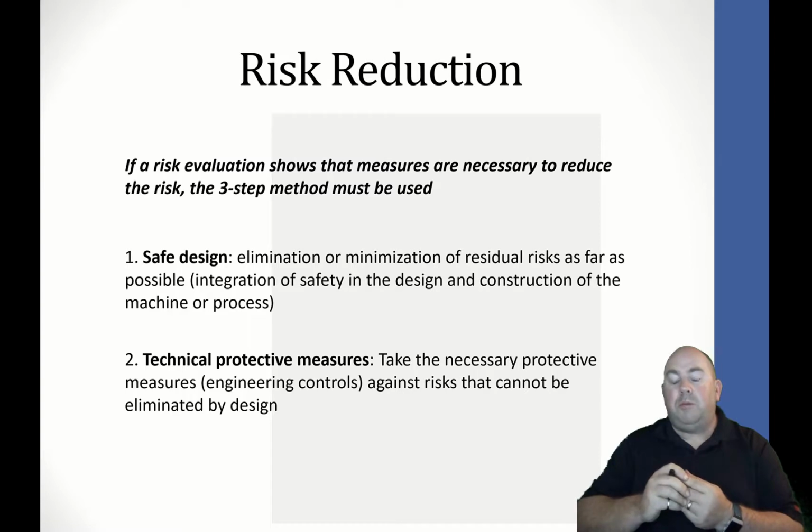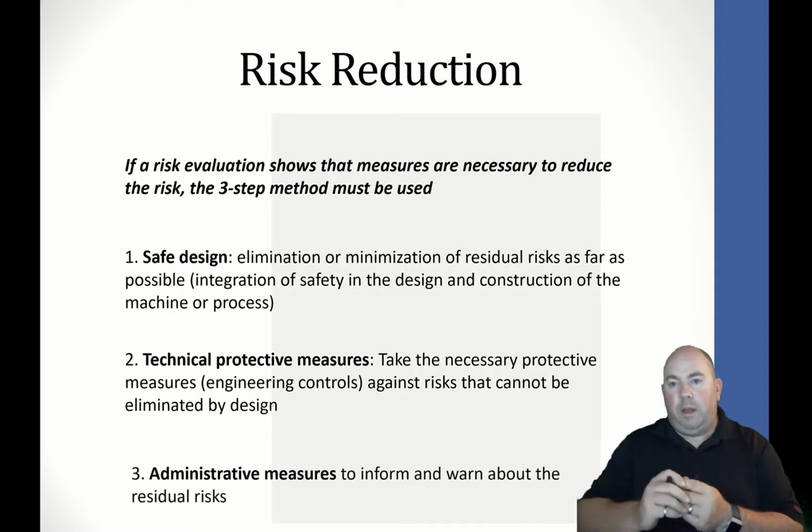We'll have to put steps in place. We're going to call these engineering controls that will guard against the risks that still present themselves. And then beyond that, we'll have administrative measures to inform and warn about the residual risks that still exist beyond what we could design out or protect through engineering controls.